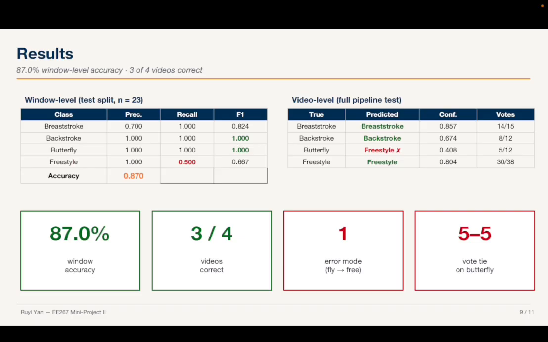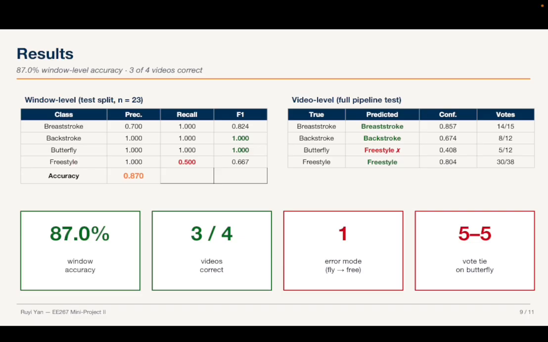All 3 misclassified freestyle windows got predicted as breaststroke. Visually, they correspond to recovery phase frames where both arms extend forward in parallel, looking similar to the breaststroke glide. So the error is semantically structured, not random.